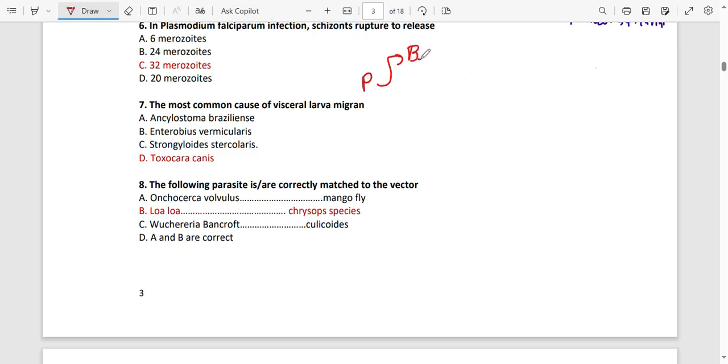You have got a benign tertian malaria. You have got the malignant tertian, and then you also have the benign quartan.